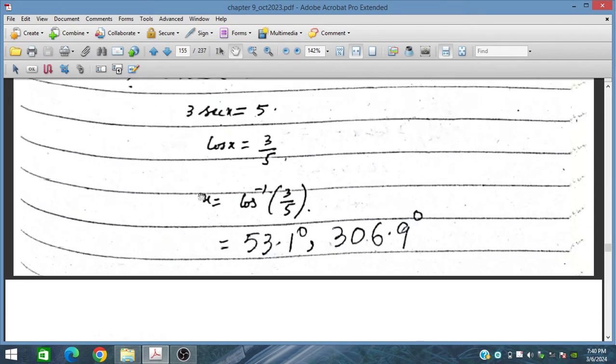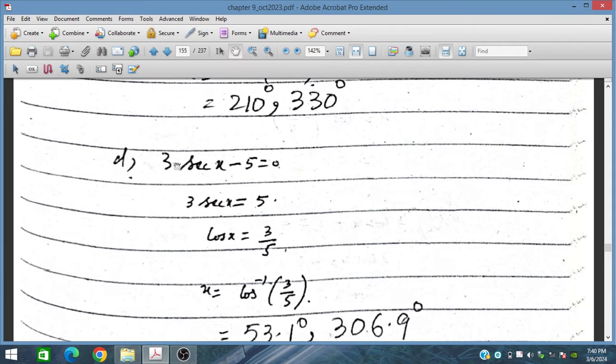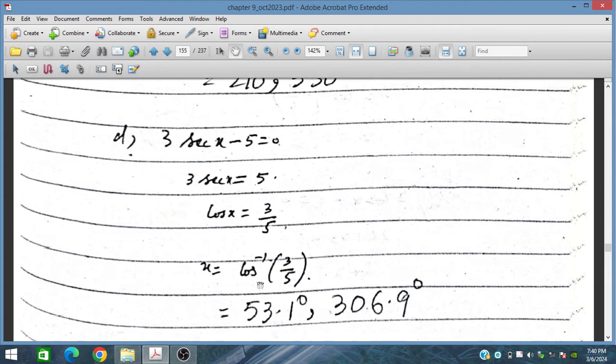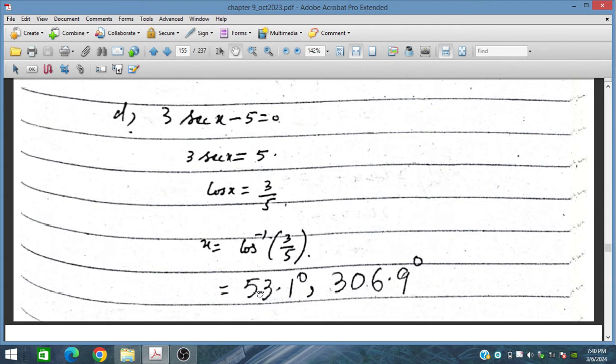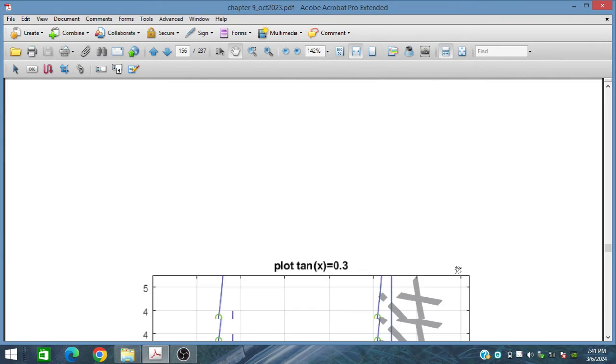Similarly for part D, 3 sec x minus 5 is equal to 0, means 3 sec x is equal to 5, sec x is equal to 5 upon 3, so cos x is equal to 3 upon 5, and this is positive in the first quadrant and the fourth quadrant. So first quadrant, and 360 minus this is 306.9 degrees.